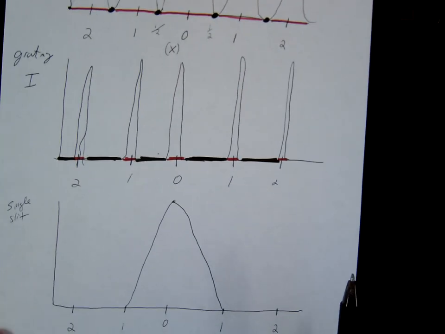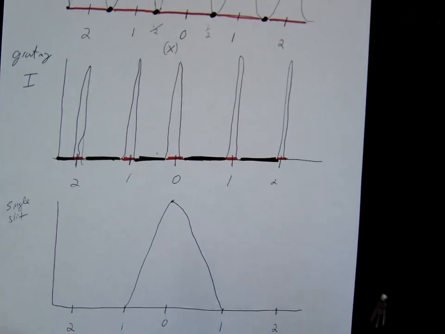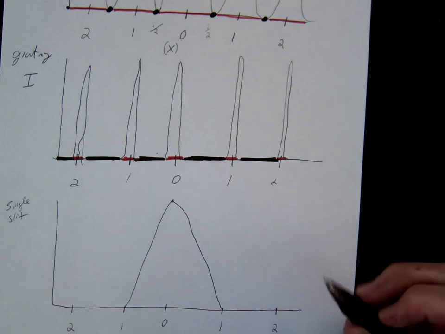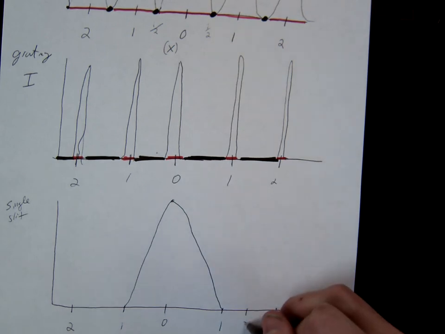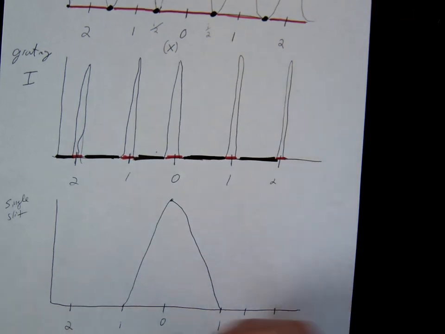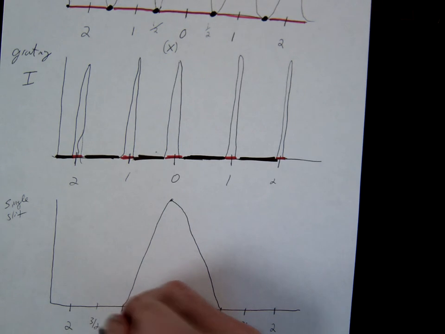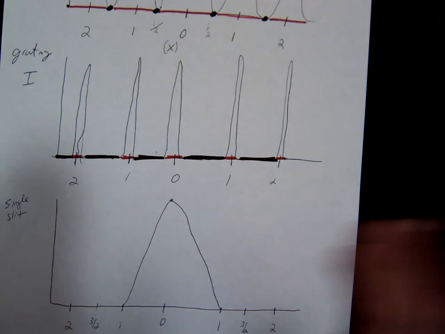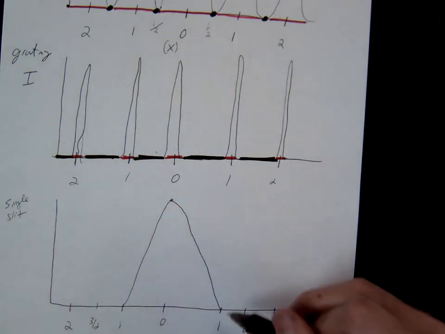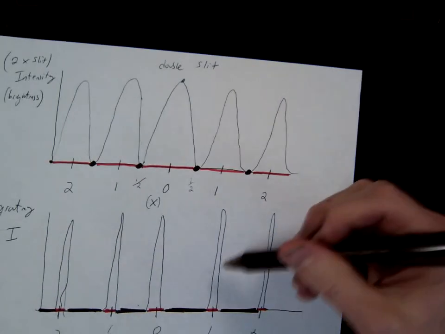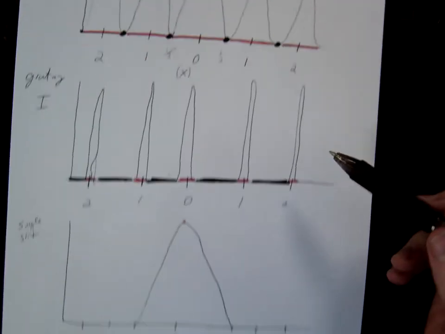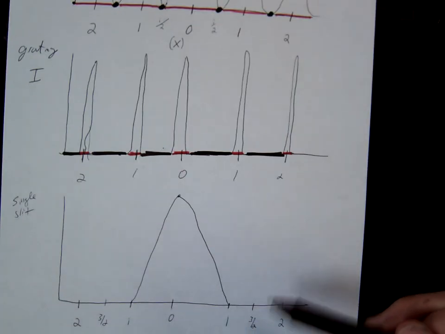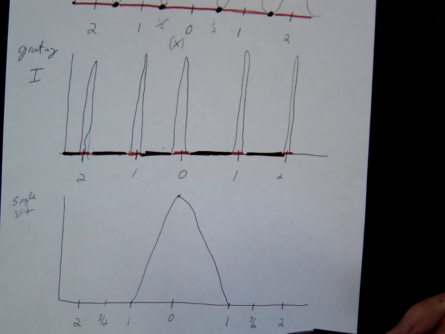And then where does the next bright spot occur? Where does the first bright spot occur? At 3 halves. Okay, now the other difference is, not only that it's kind of spread out a little bit, but remember all these intensities are relatively the same, but the first bright spot is approximately how much of the original bright spot?